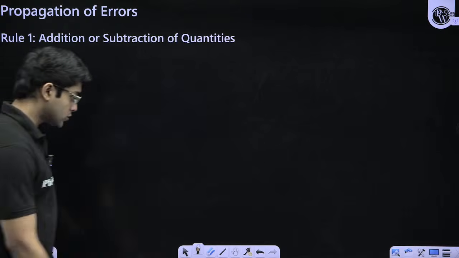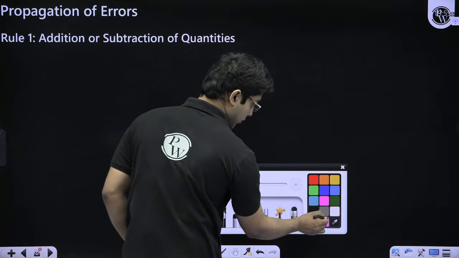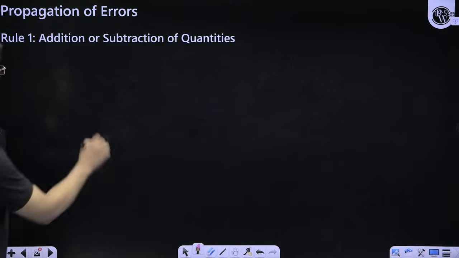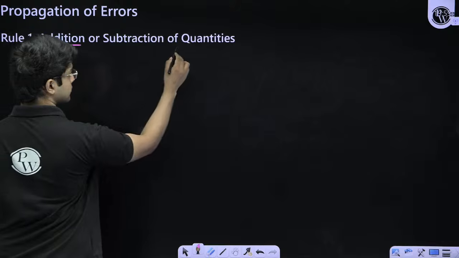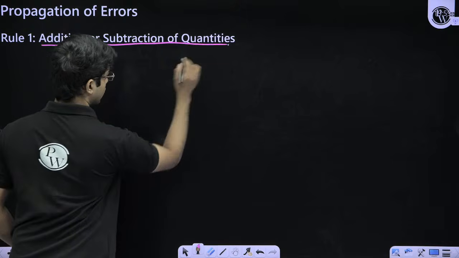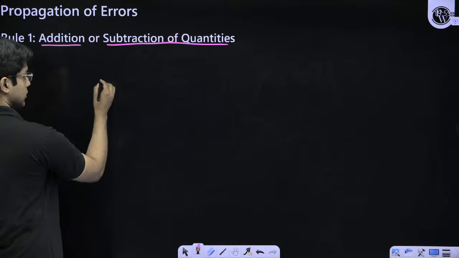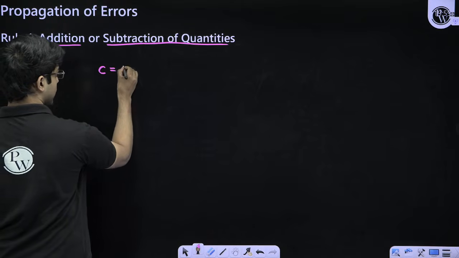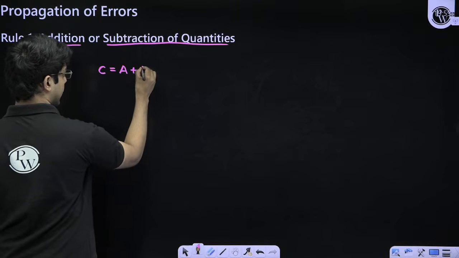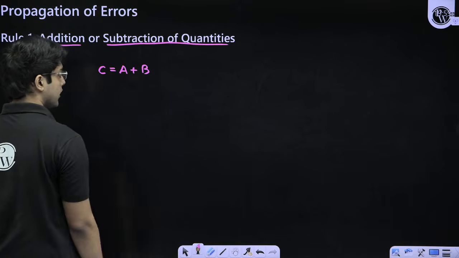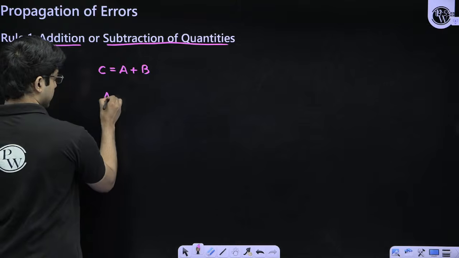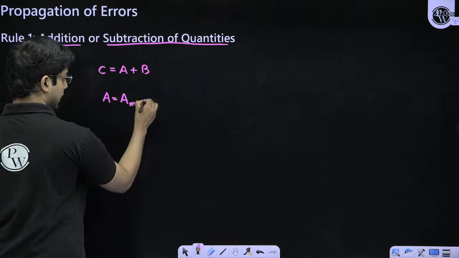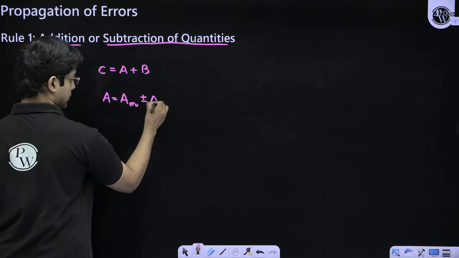So now this topic is also very important. Propagation of errors. Okay, so if you add two quantities or subtract two quantities, what happens to the final quantity? So let's say we have some quantity C which we obtain by adding two quantities A and B. Okay, and A, we can write it as the measured value AM plus minus the error, which we don't know.